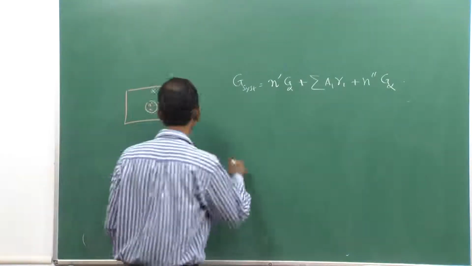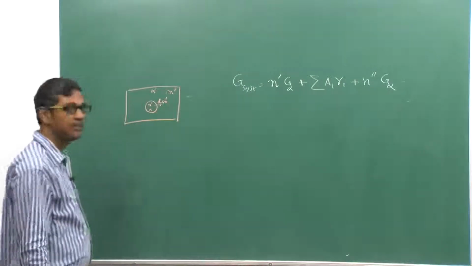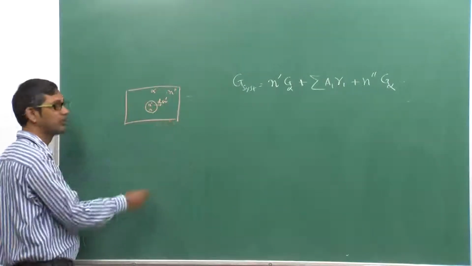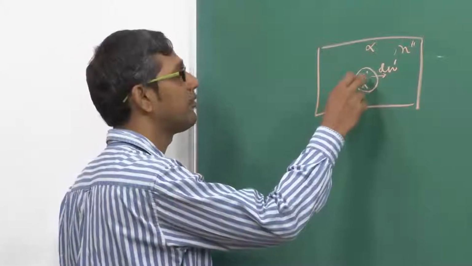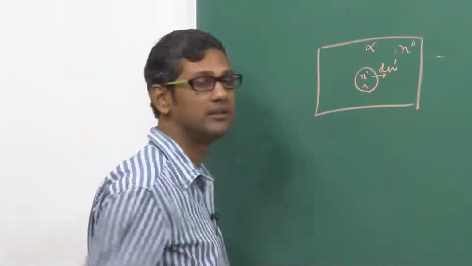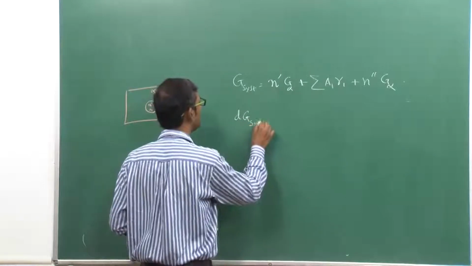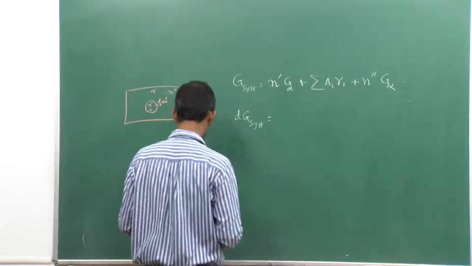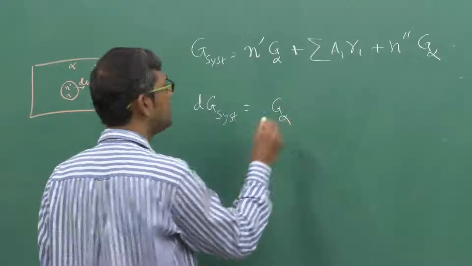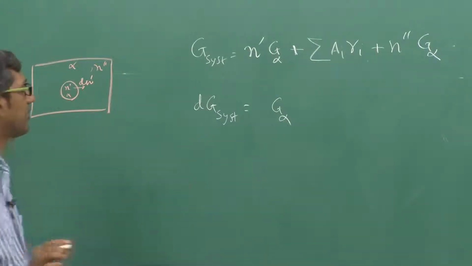Now, very simple, suppose dn prime moles are transported from inside this grain to the outside. What will happen to the change of the free energy? Obviously G alpha is not going to change, it does not depend on that.